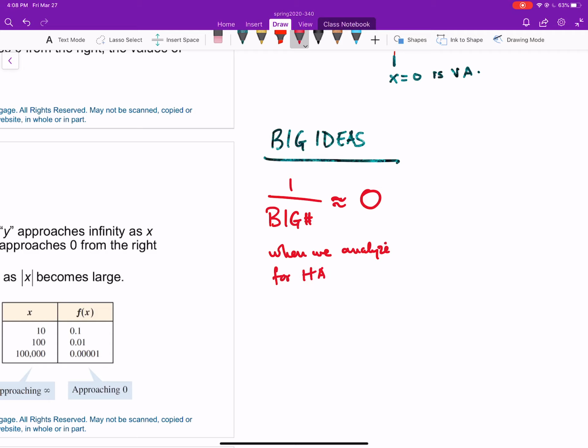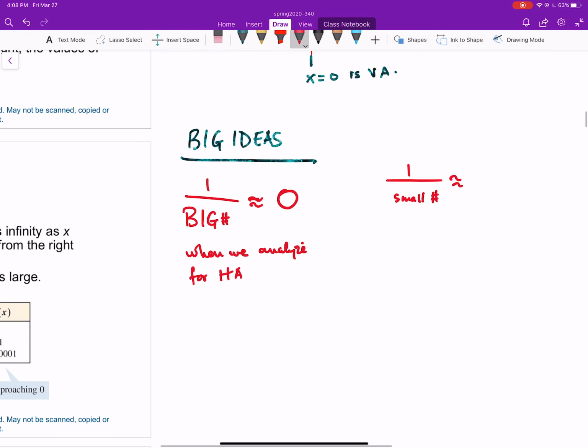And then we just saw that when I do 1 divided by a small number, we approach either positive or negative infinity. And this was when we analyzed for the vertical asymptote. So big themes that came out: when I do 1 divided by a big number, I get 0. 1 divided by a small number, I get what? I get positive or negative infinity.